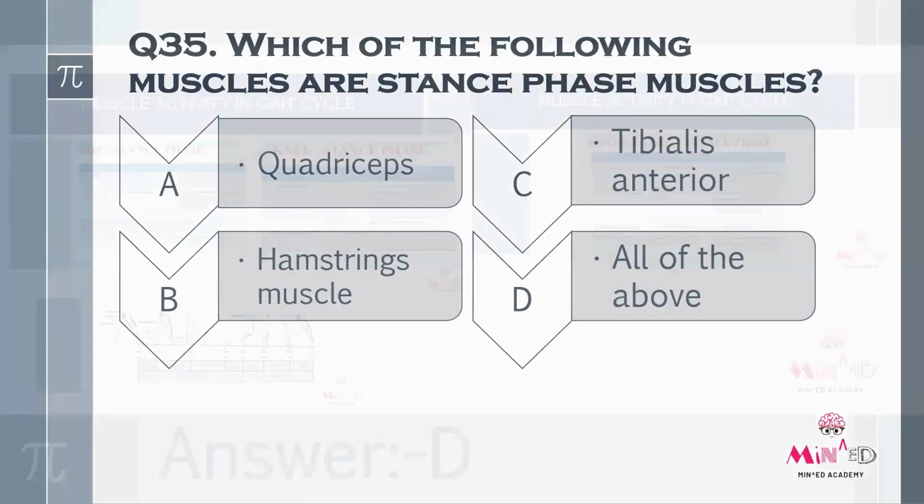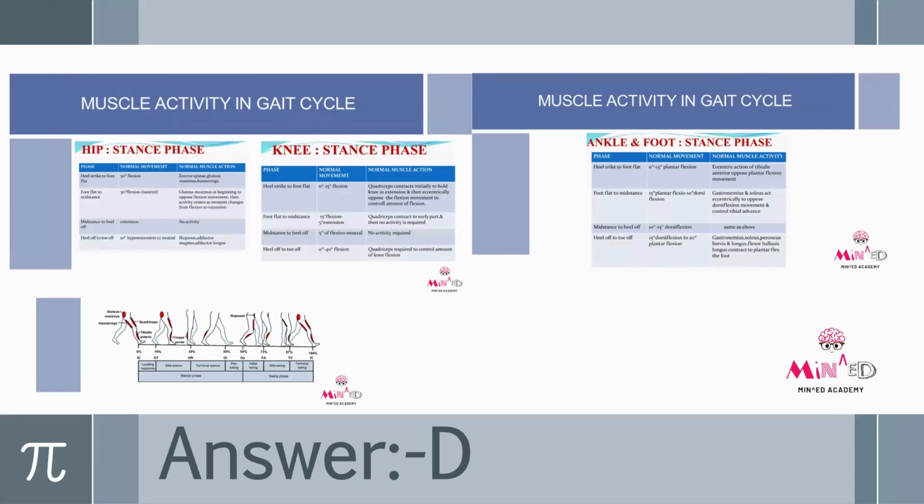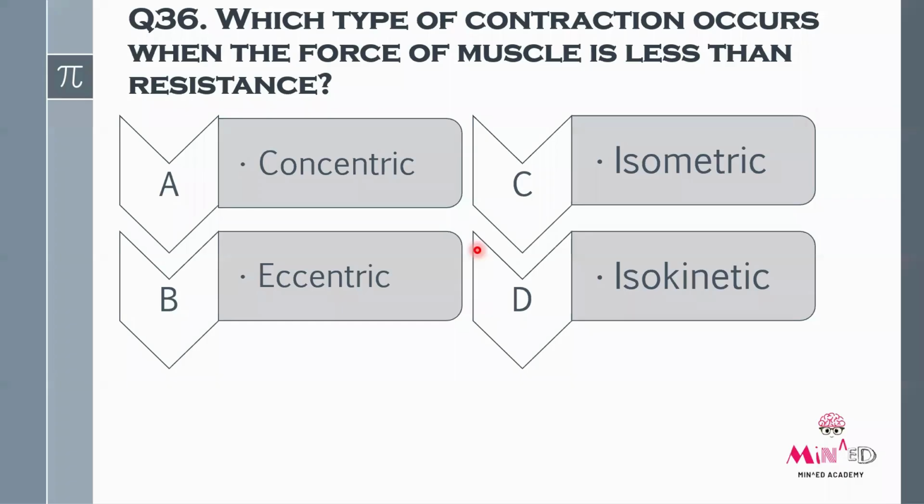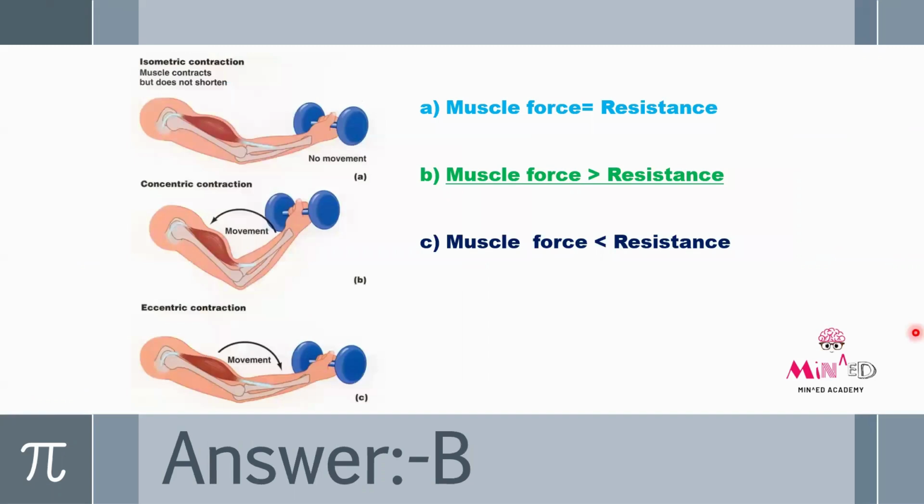Fine. Next, move to question number 36, which is: which type of contraction occurs when the force of muscle is less than resistance? Option A, concentric. Option B, eccentric. Option C, isometric. And option D, isokinetic. So normally there are 3 kinds of contraction: isometric, concentric, eccentric.